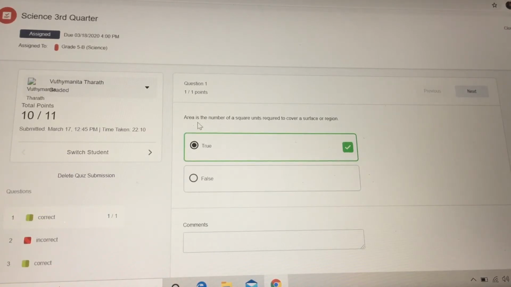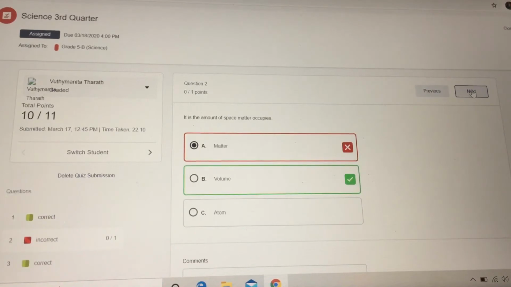So again, don't forget that area is a number of square units that cover a surface or region, wherein it can be in a place or a land or even your property. Okay, so it's a covered surface or region.